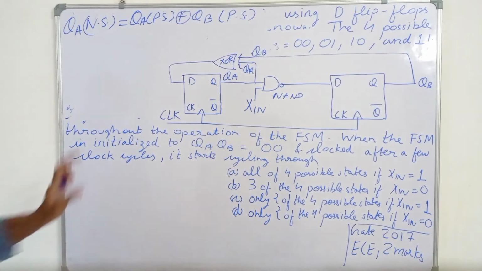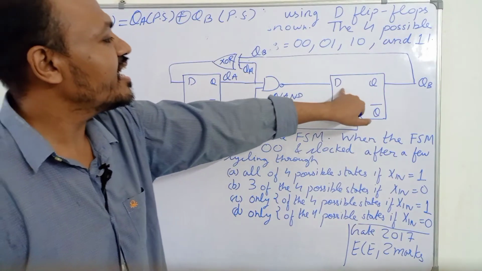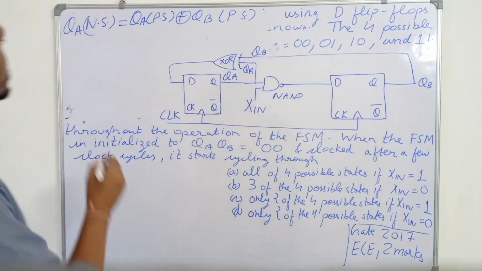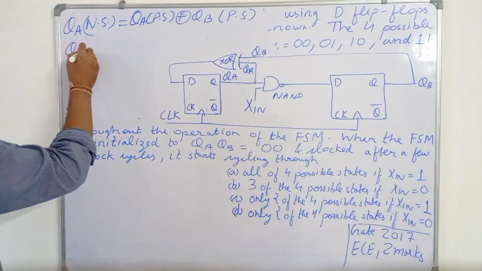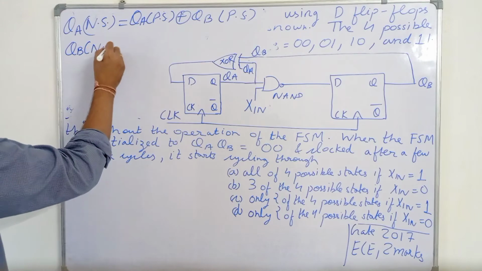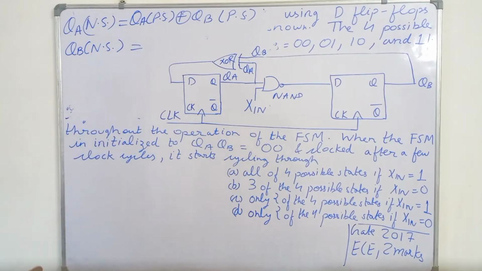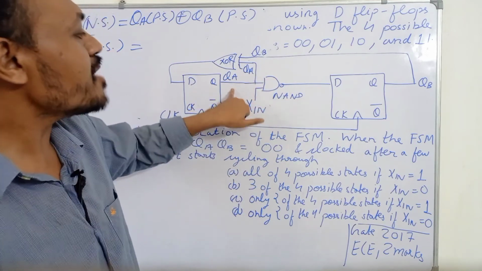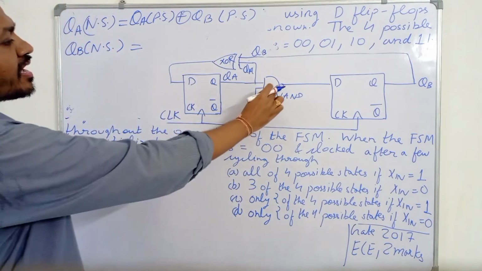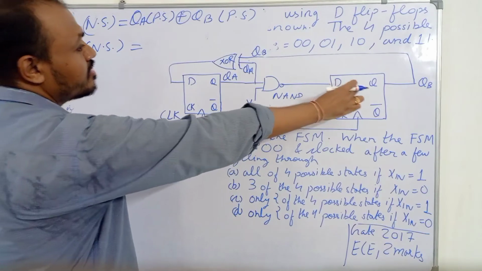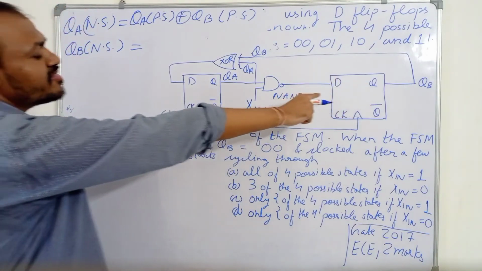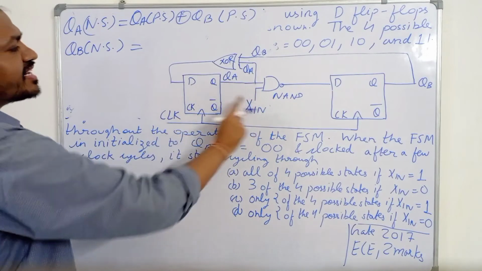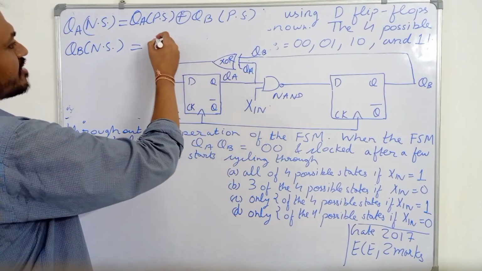Then QB next state. QB is the output of the second D flip-flop. So QB next state is equal to, the input to this D flip-flop is QA present state and Xin given to a NAND gate.